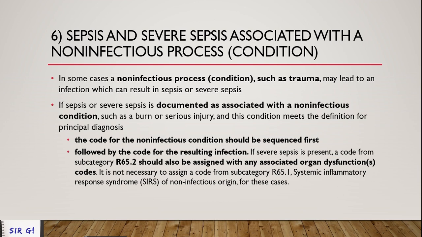It is not necessary to assign a code for subcategory R65.1. It's the same process. You just need to change the A41.9 into a traumatic injury resulting in infection. And then severe sepsis is the same thing. You need to code R65.2. And if there's an organ dysfunction, you also need to code for the organ dysfunction.